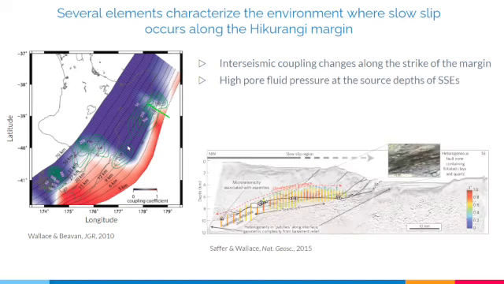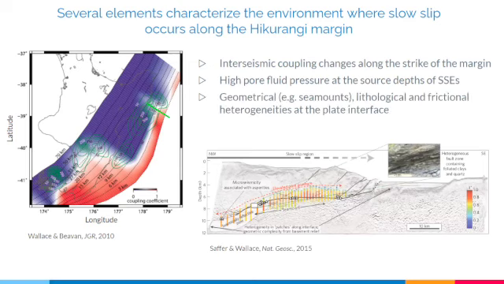Another important characteristic is that pore pressure at the source depths of these events is high. I'm showing here a profile of the subduction zone at this line, and they have inferred that there's an elevated pore fluid pressure close to the plate interface, and not only that, but that the fault is also very rough at that plate boundary, because they have detected seamounts and also lithological and frictional heterogeneities at the plate interface.